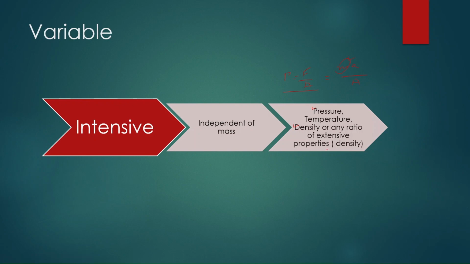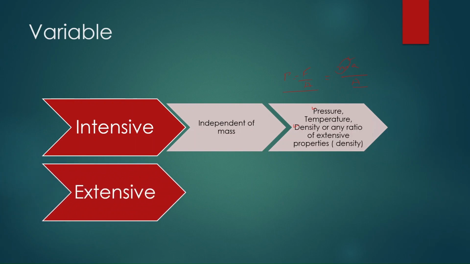Actually, the ratio of two extensive properties is also an intensive property. The area is also an extensive property, dependent on mass, and this ratio is the intensive property. For the same reason, density is also an intensive property.